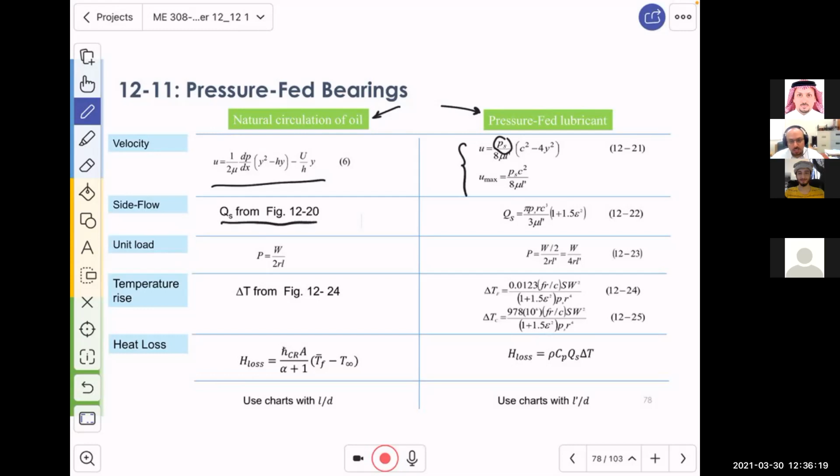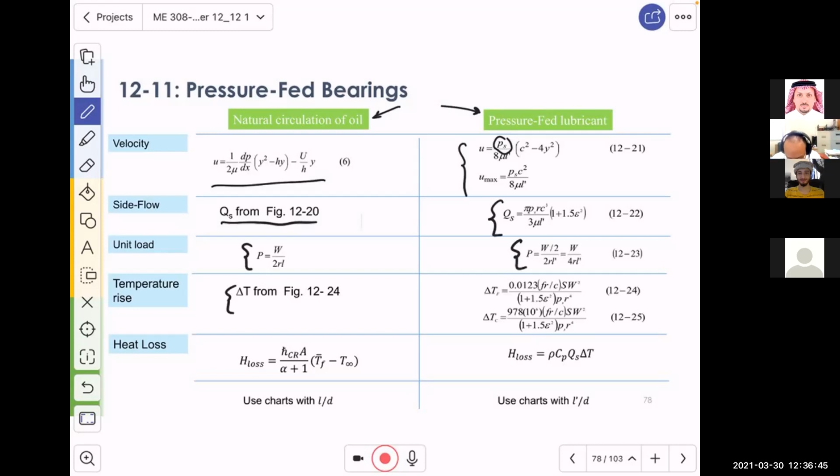Q_s is calculated using an equation, logically, because we know the pressure and the flow rate will be affected by that pressure. The unit load is as we discussed before. The temperature rise, as we showed you earlier, we got it from the table, from the dimensionless temperature rise variable.